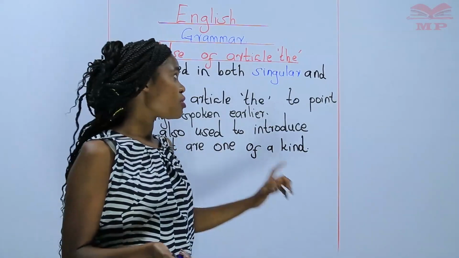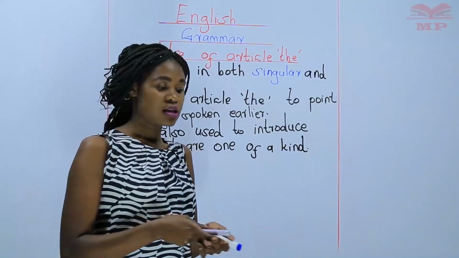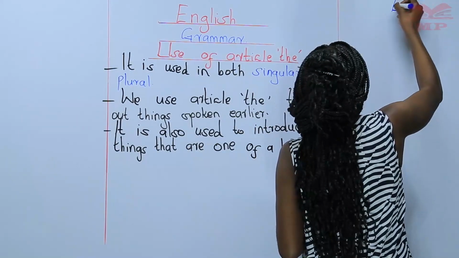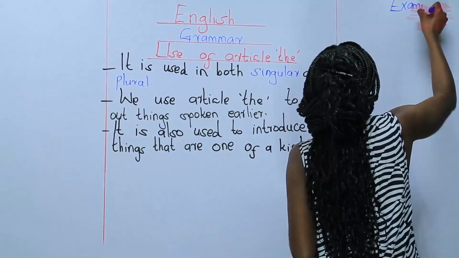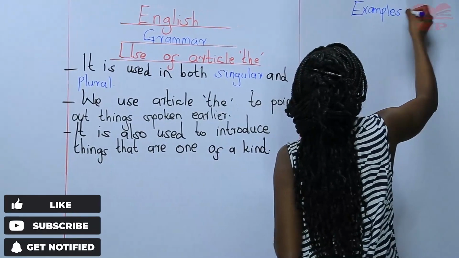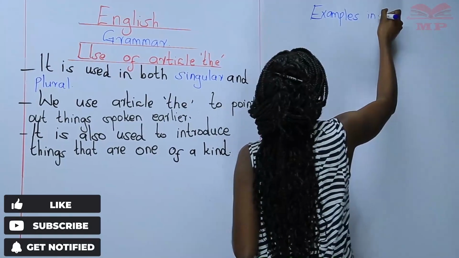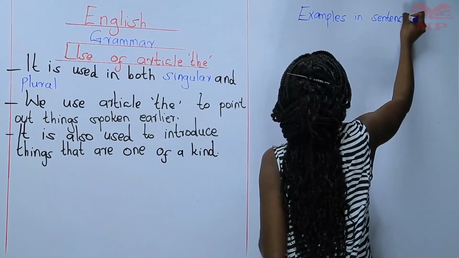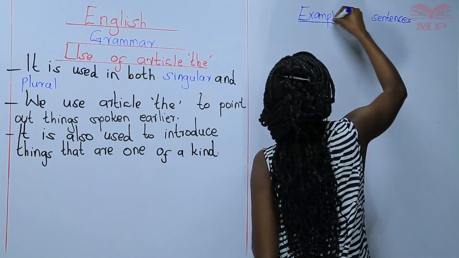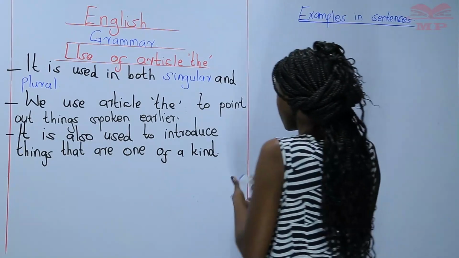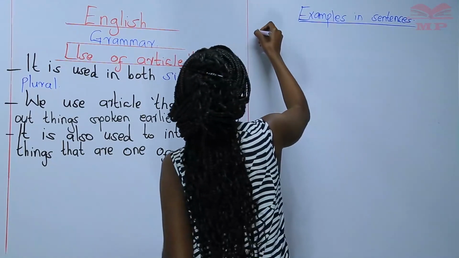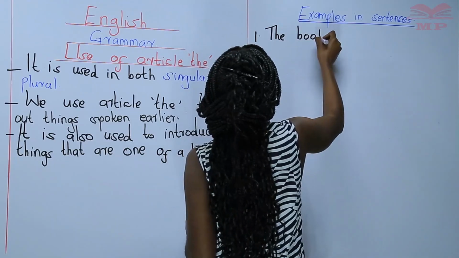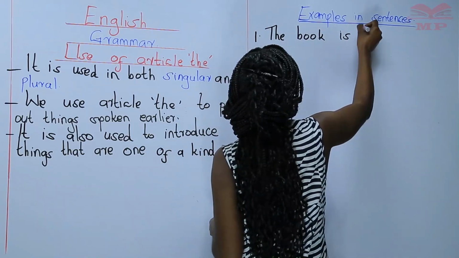So let's see examples of how we use the in sentences. So examples in sentences can have: the book is lost.